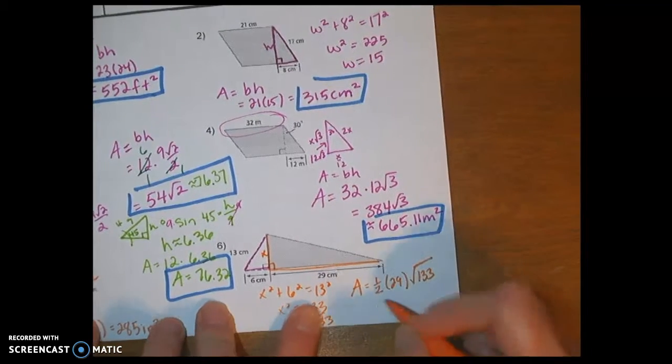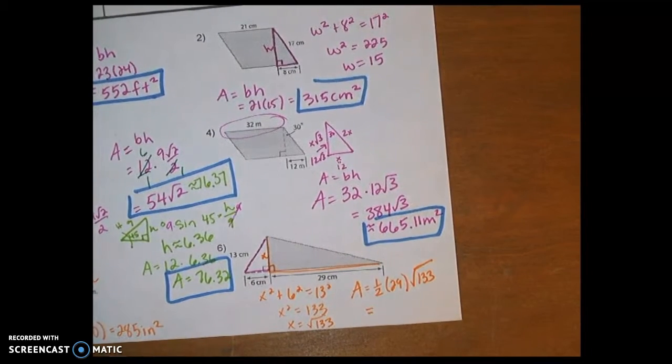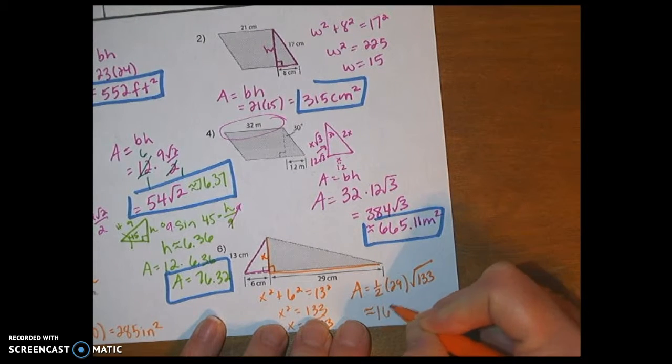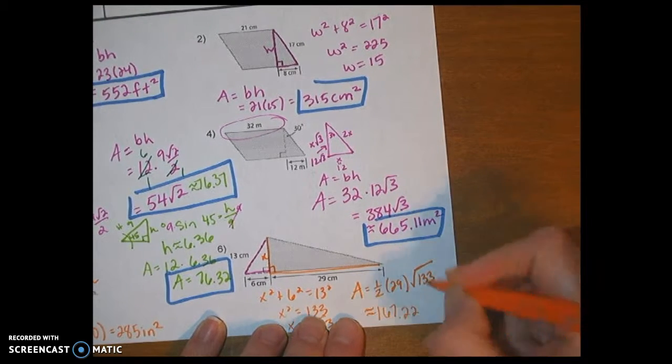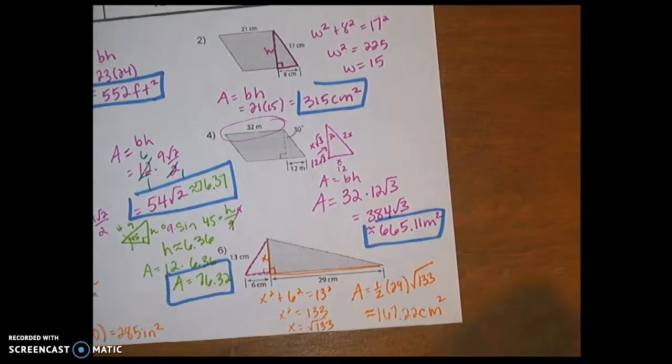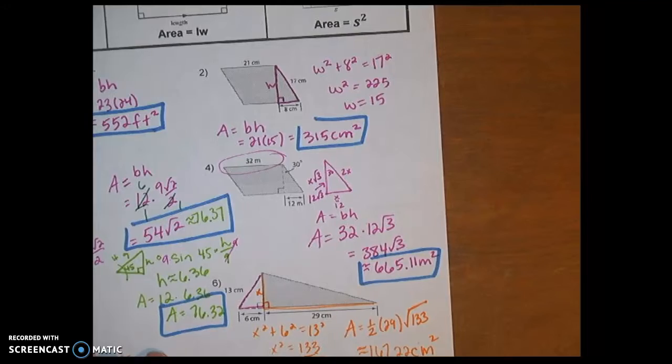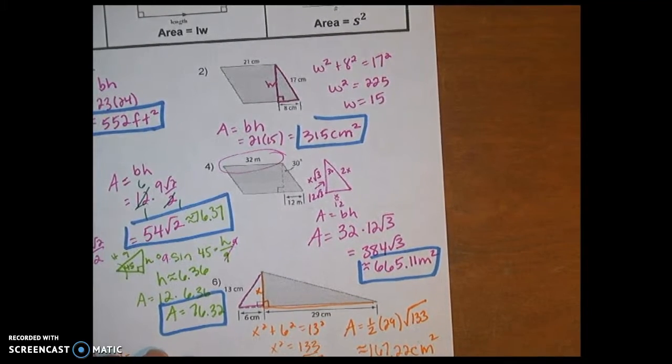Obviously, this is not a real nice answer, so I am perfectly okay with this one if you approximate the area of this triangle to be about 167.22 centimeters squared. It's just too messy of a number. That square root doesn't break down, so we'll just leave it at that.